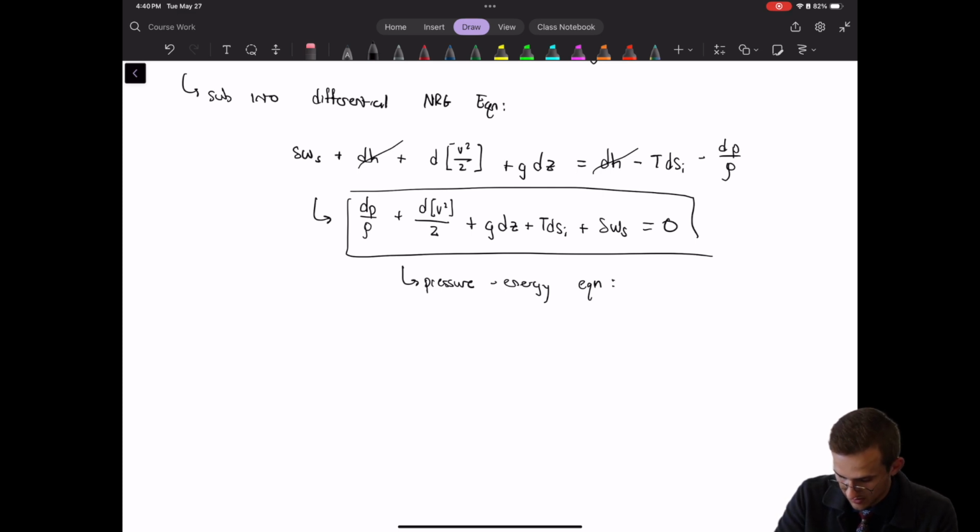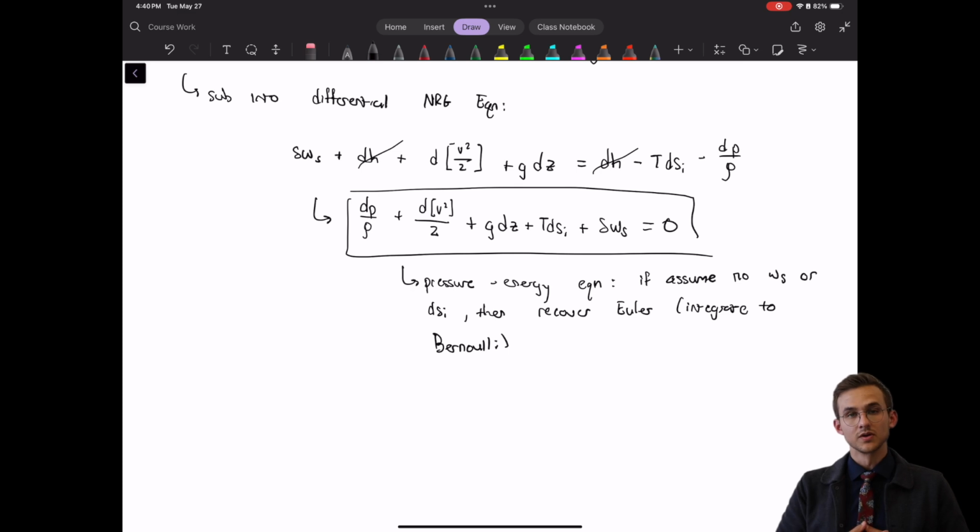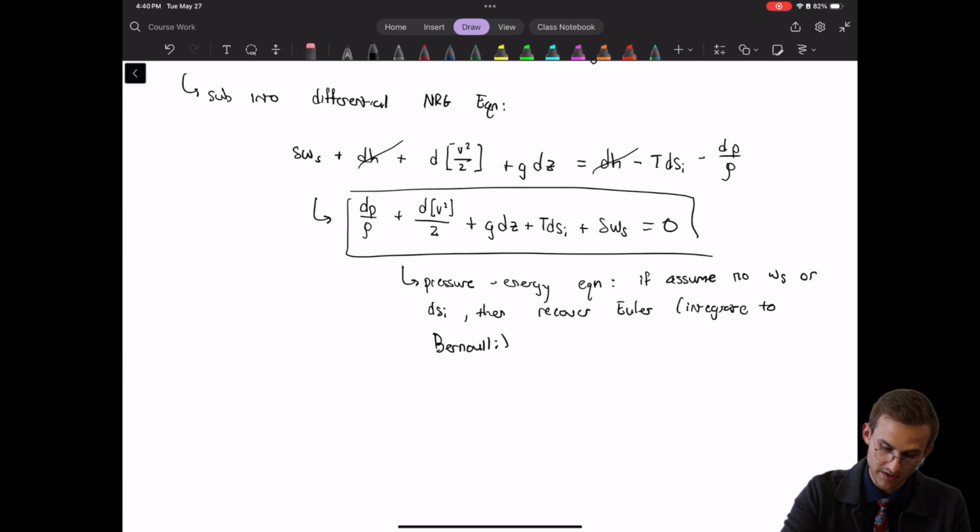So if we assume no Ws or dSi, then we recover Euler, which you can integrate to Bernoulli's equation. The Euler equation just describes ideal flow, and I'm sure you've seen Bernoulli's equation if you've taken any fluid mechanics at all.